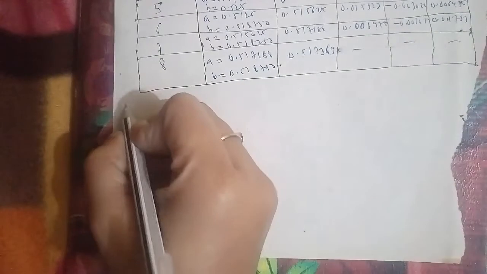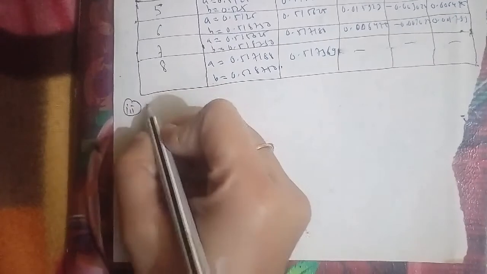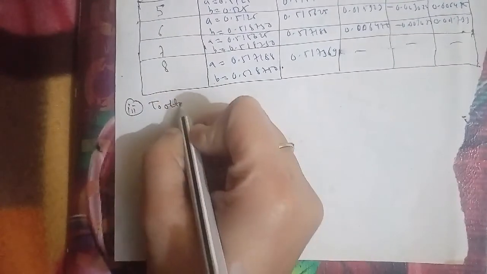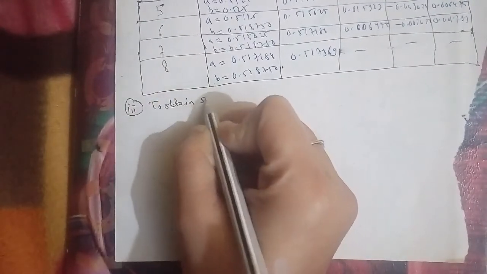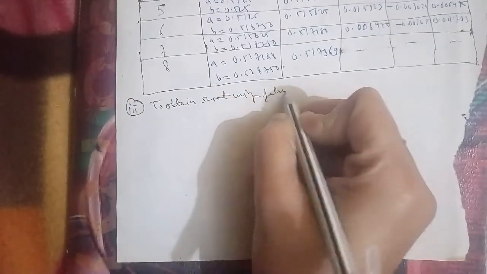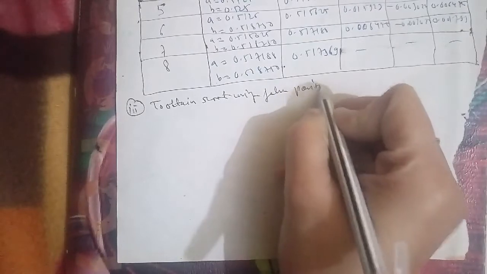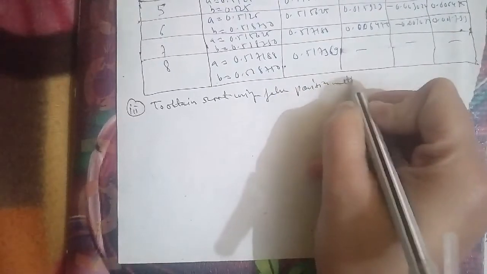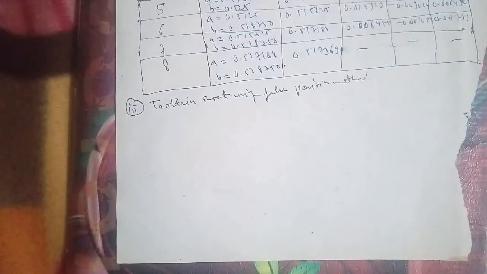We talk about the third one, that is to obtain a root using the false position method. In the same case, the iterations are very important, and we have to discuss them here.